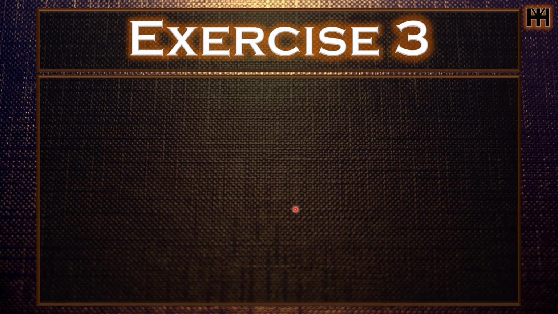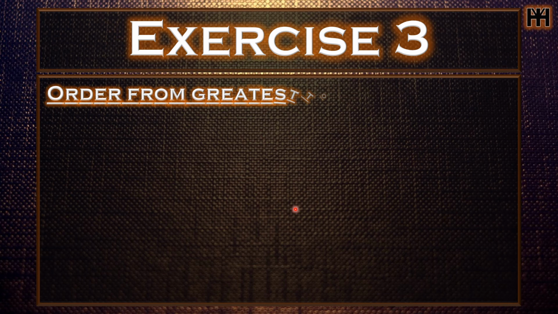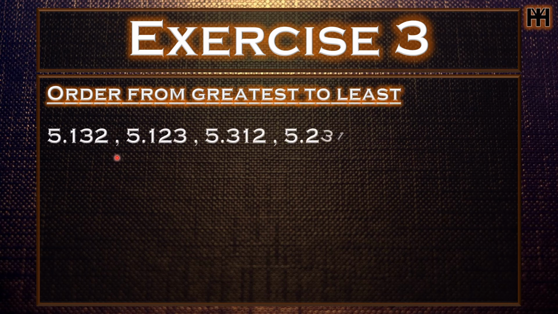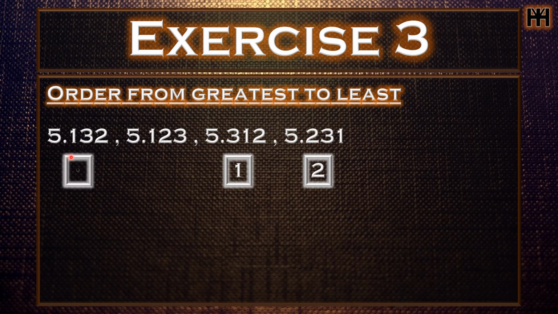Exercise 3. Order from greatest to least. Okay, let's look for the greatest decimal. It's 5.3, it's the greatest one here. Okay, then it's 5.2, then 5.13, greater than 5.12, then 5.123.